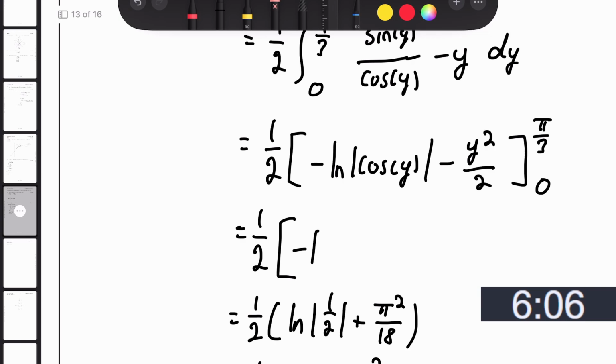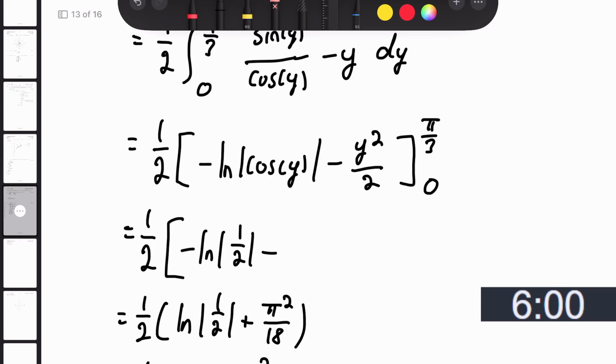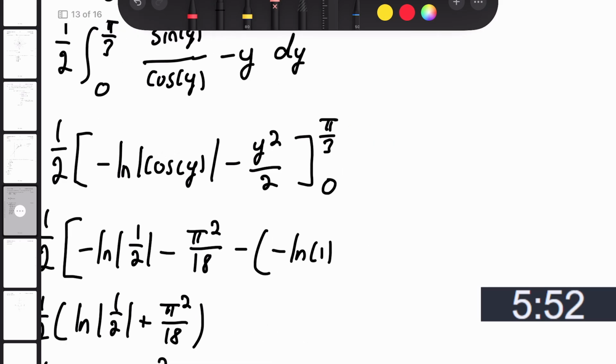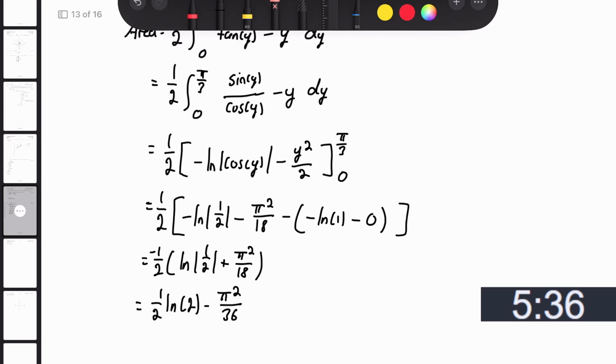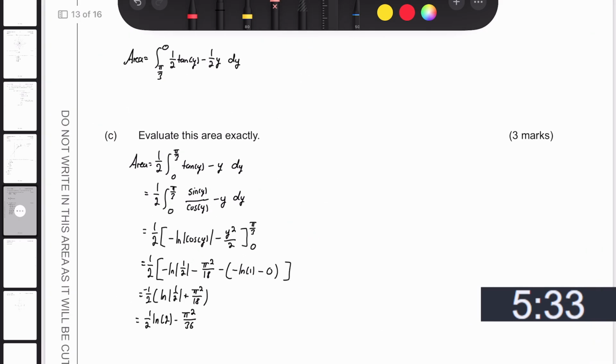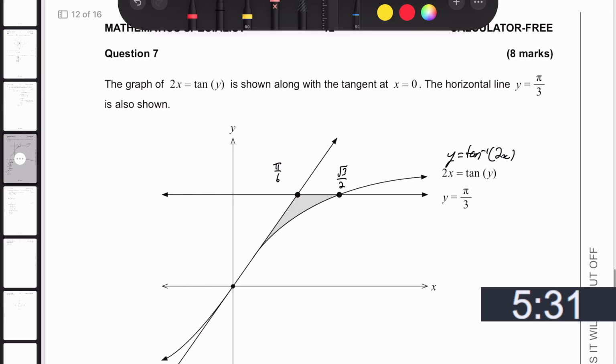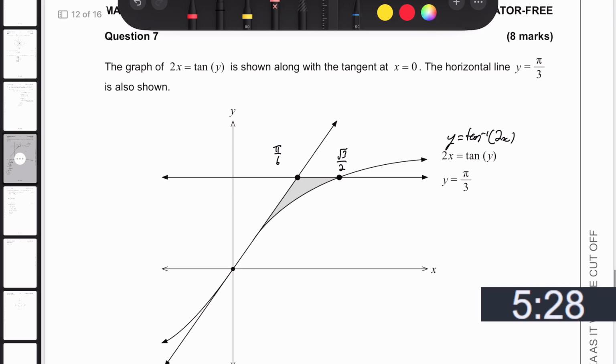So this becomes negative ln of 1/2 minus pi squared on 18 minus negative ln of 1 minus 0. Pull this negative out, say that's that, and then that's negative. Okay. I think it goes 0 to pi on 3. I think we do that.